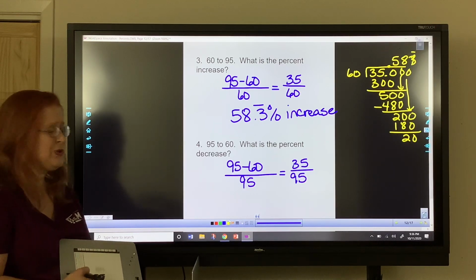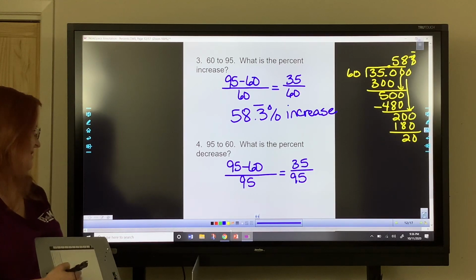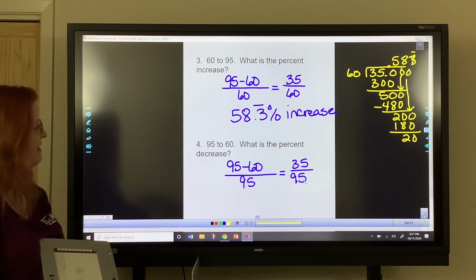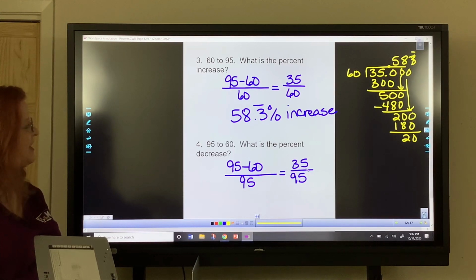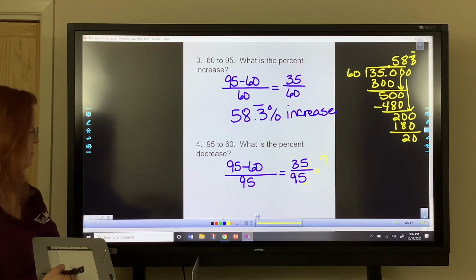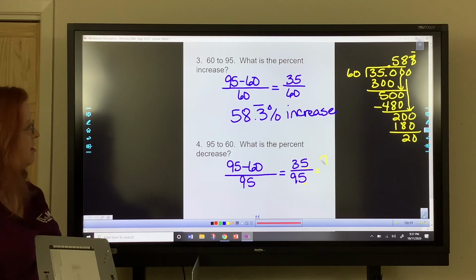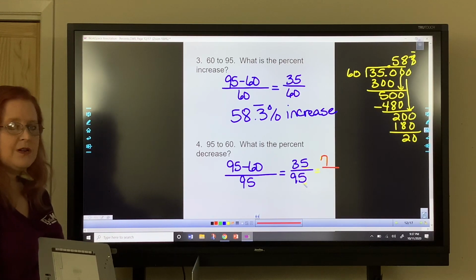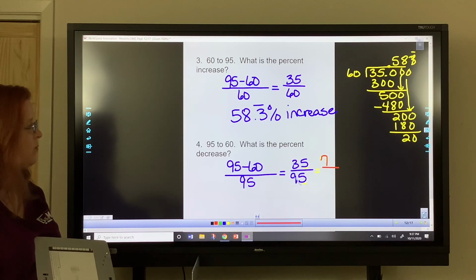I think I'm going to reduce this first. What would divide into both 35 and 95? Well, your key here would be the 5s on the end. So that's going to be 7 over, well, how many nickels are in a dollar? Hopefully you know that's 20, and then 1 away, so it would be 19.